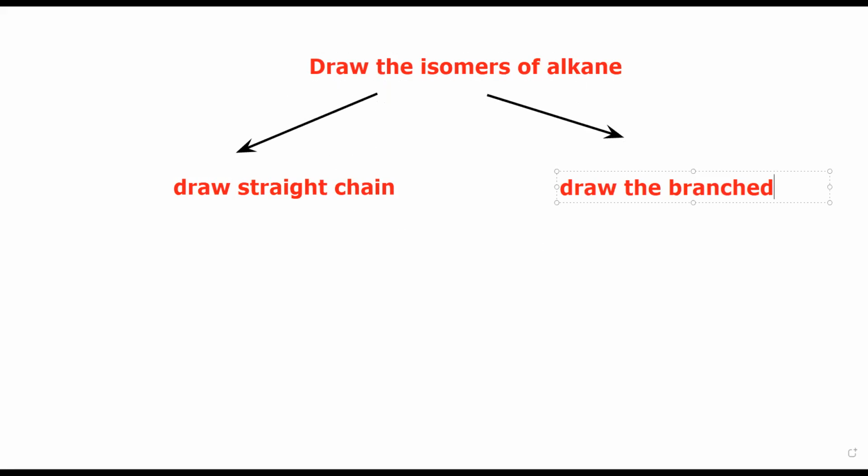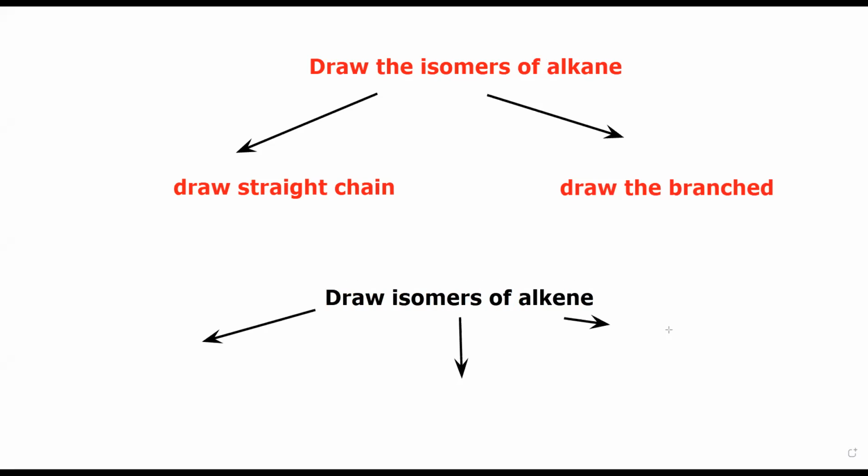And if we want to draw the isomer of alkene, there are three ways to draw the isomers of alkene. We can change the position of the double bond. We can draw a branch, or we can make a cyclic alkane.